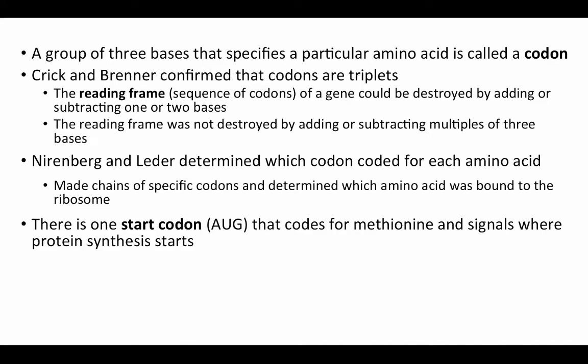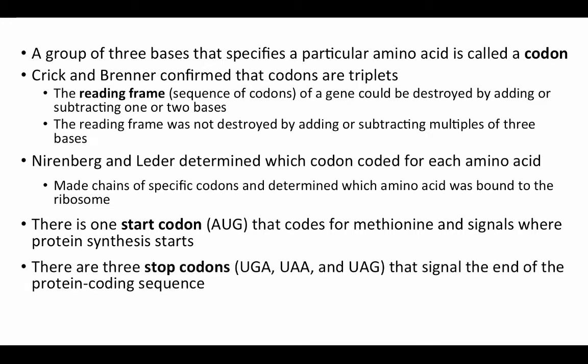So there's one start codon. This is going to be the very first codon in every transcript. And the start codon is AUG. It codes for the amino acid methionine, and it signals where protein synthesis is going to start, where you're going to start creating your protein.